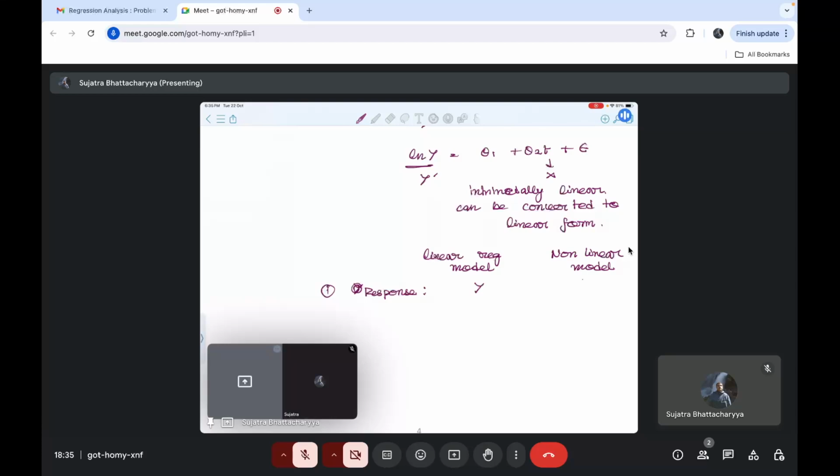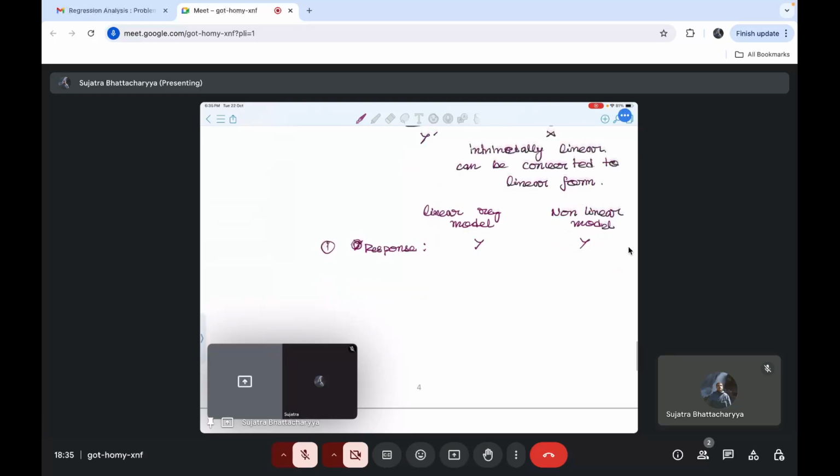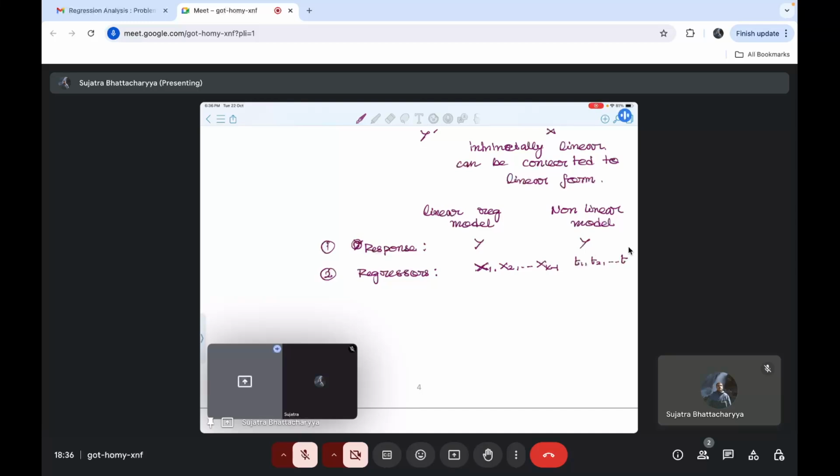In the non-linear model, also the symbol is y. Second, regressors. We know that in the linear regression model, it was x: x1, x2, x3, up to x k minus 1 we have written, always. And for the non-linear case, it will be t1, t2, so on, up to t k minus 1.